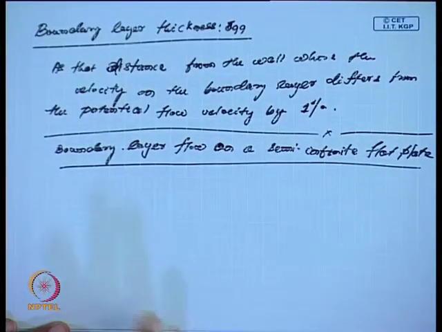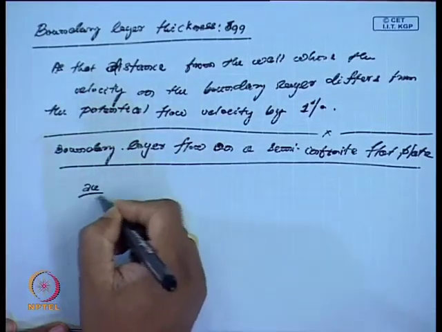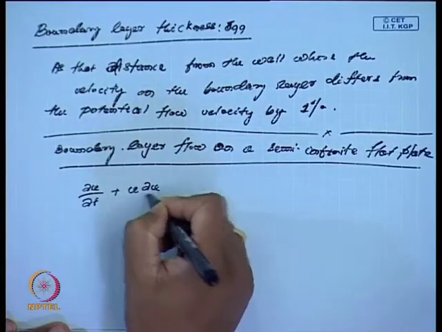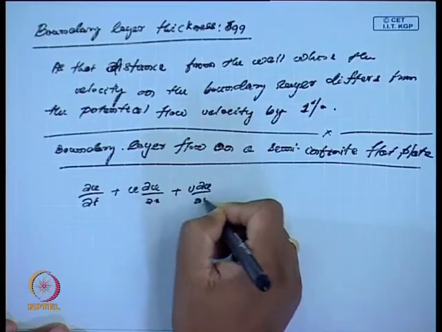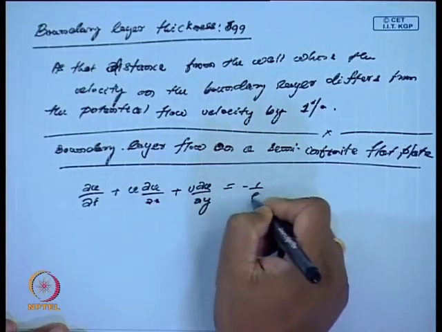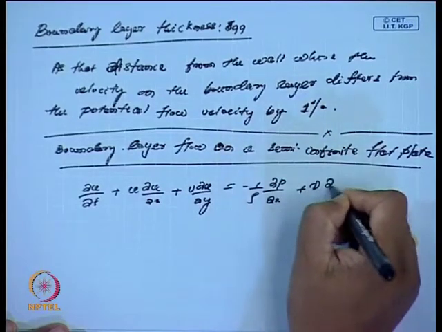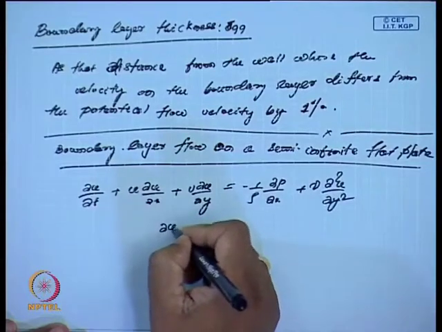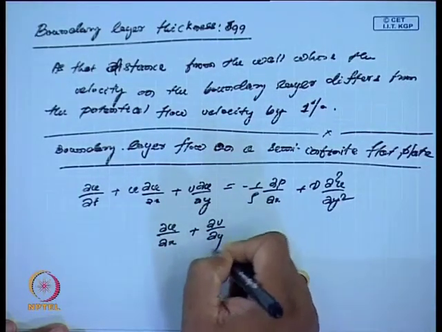If I look at the governing equation, we have del u by del t in a 2-dimensional boundary layer equation, plus u del u by del x plus v del u by del y, equal to minus 1 by rho del p by del x plus nu del square u by del y square. Plus we have the continuity equation: del u by del x plus del v by del y is 0.